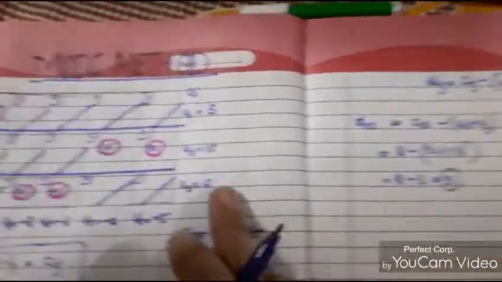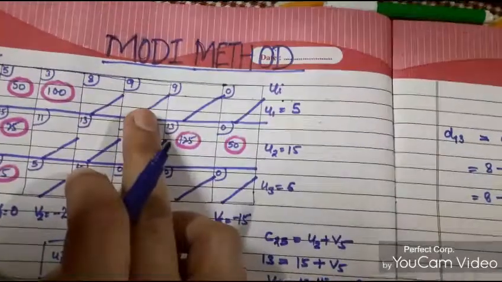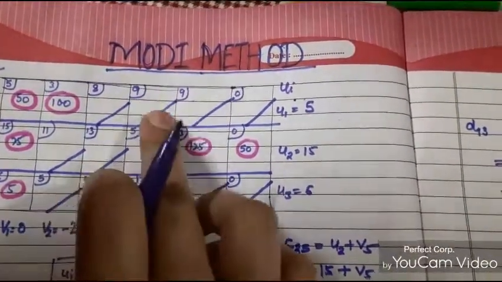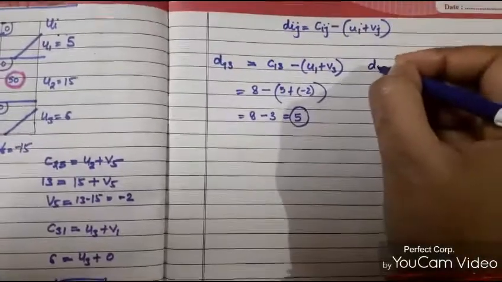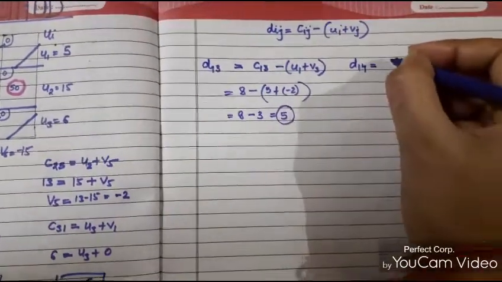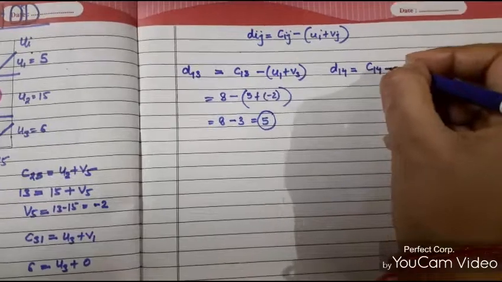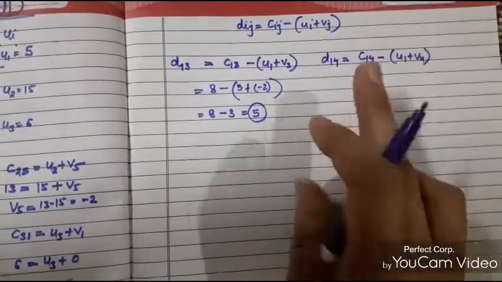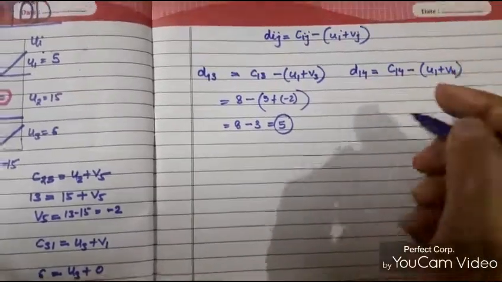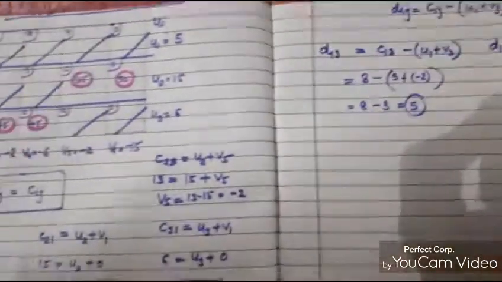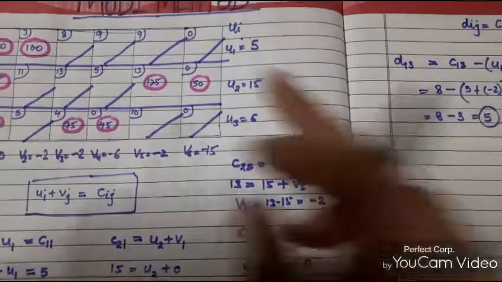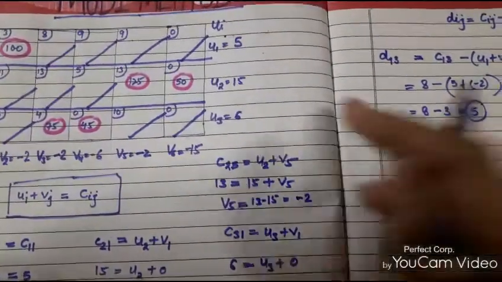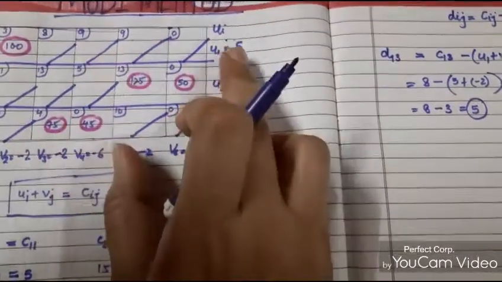Now we will move to the next unoccupied cell, which is first row, fourth column, D14. That is D14, or C14 minus U1 plus V4. For this the cost is, go to the question now, the cost is 9. We have 9 minus, what is the Ui for this? 5.